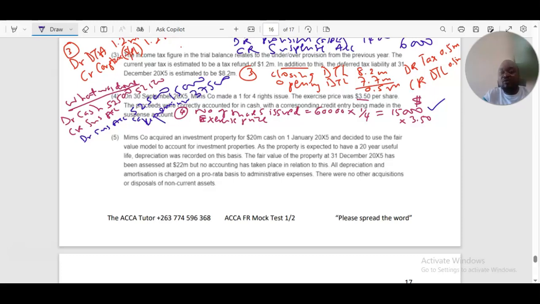Any movement in fair values, any increase or decrease, is going to be a gain or a loss accrued to the statement of profit or loss as appropriate, isn't it? So in this case, they deviated from the principle; they charged depreciation.